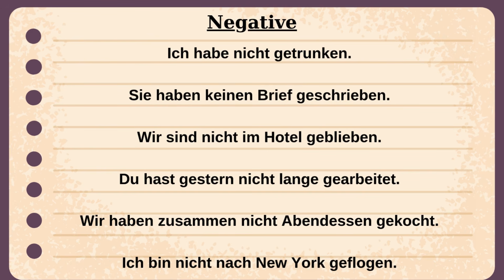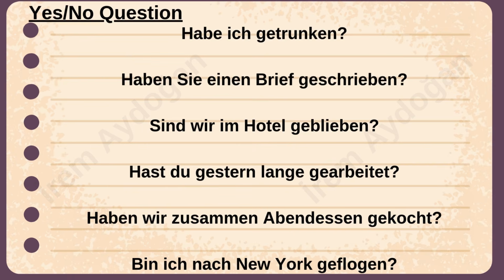And then the yes-no question part. Habe ich getrunken? What I'm doing here, the second part is my subject, the first part is my auxiliary verb, haben or sein, I use perfect tense. Habe ich getrunken? Haben Sie einen Brief geschrieben? Sind wir im Hotel geblieben?